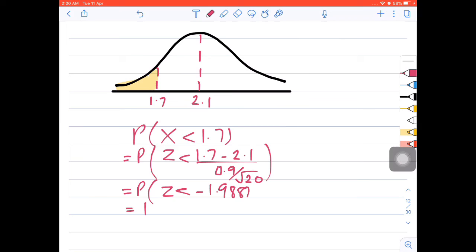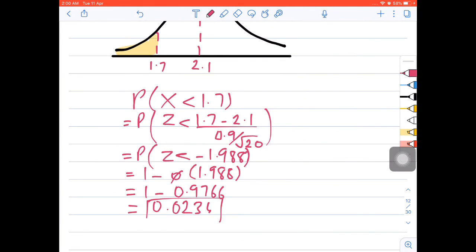This is the same as 1 minus phi of 1.988, so 1 minus 0.9766, which is 0.0234. So this is the answer to the first part.